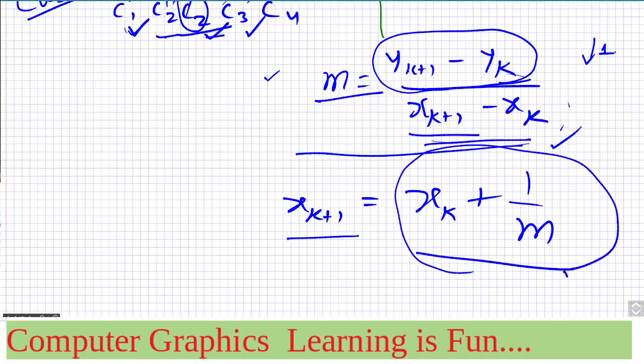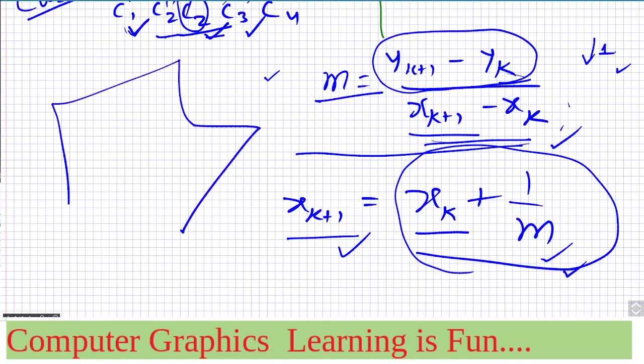So now by incrementing y by 1, you can easily find out what will be the xk+1 using the information of xk as well as m, right? So these are all the stories. Using these incremental things, you can easily draw the boundary of the polygon, okay? And after that, you can find out where it is intersecting and easily fill the polygon. So this was your first algorithm.